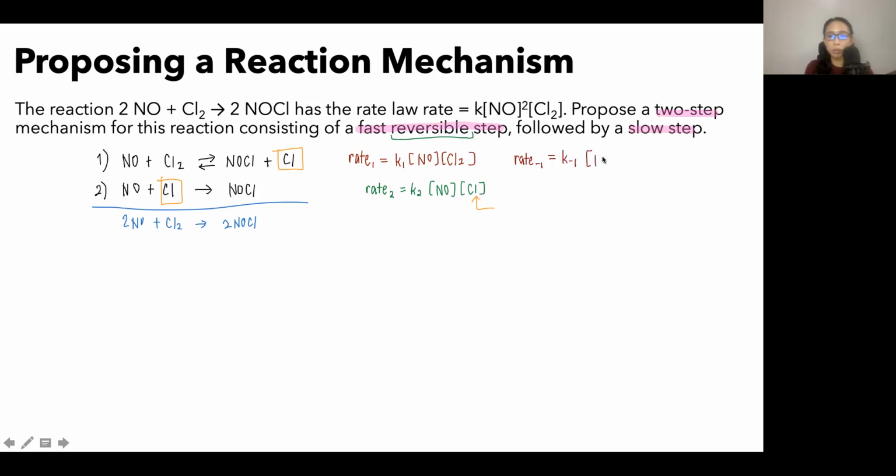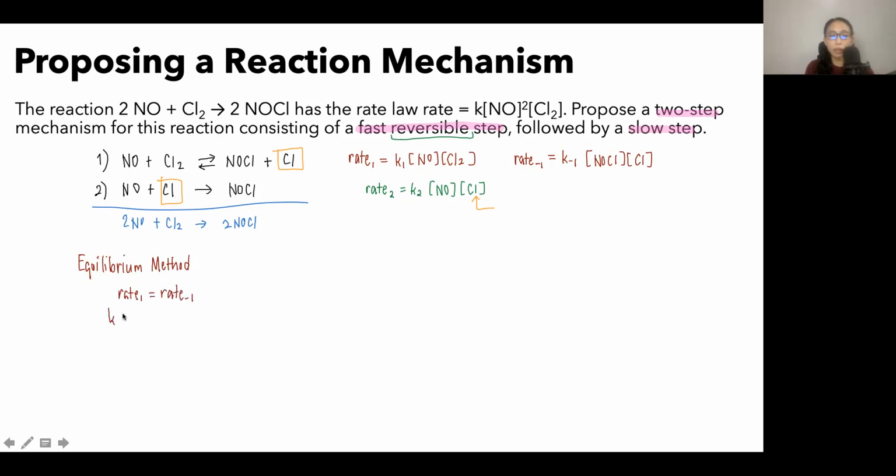So that's K-1 times NOCl times Cl. The equilibrium method tells us that the rate of the forward reaction is equal to the rate of the backward reaction. So we just equate rate 1 and rate -1.